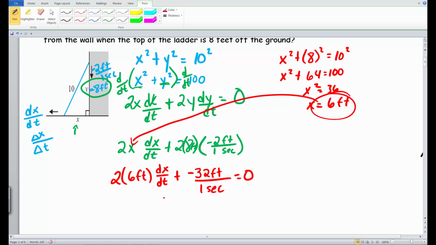So I'm just going to clean this up a little bit more. We end up then with 12 feet dx over dt minus, I just realized this is actually going to be 32 feet squared. Again, because feet times feet. So minus 32 feet squared every 1 second is equal to 0.